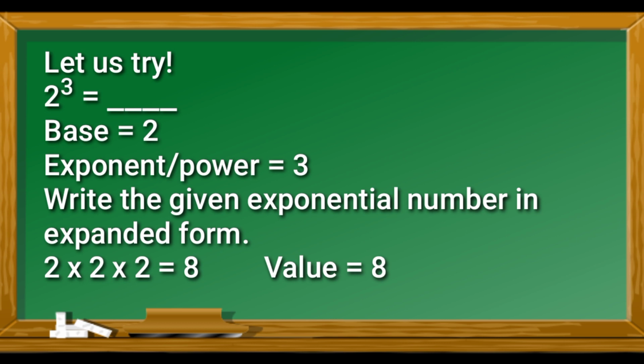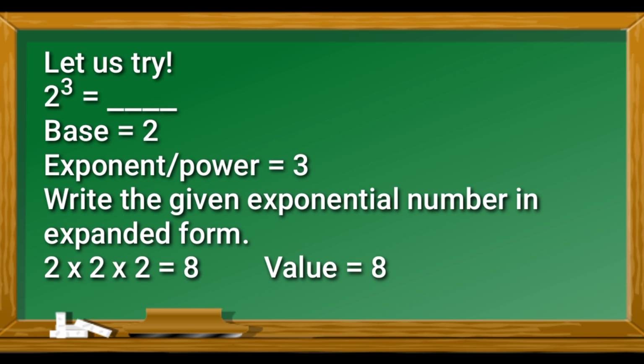Let us try to answer the following. Let us identify the base and exponent and solve for the value. 2 to the third power equals blank. Base is 2, exponent or power is 3. Write the given exponential number in expanded form.